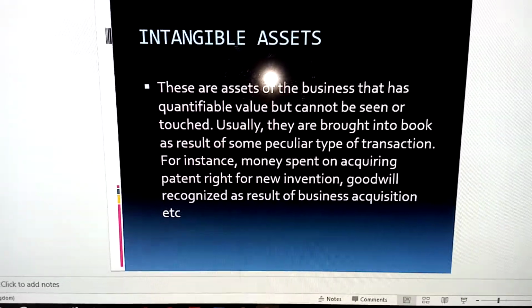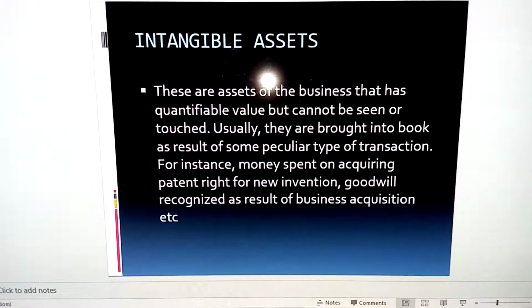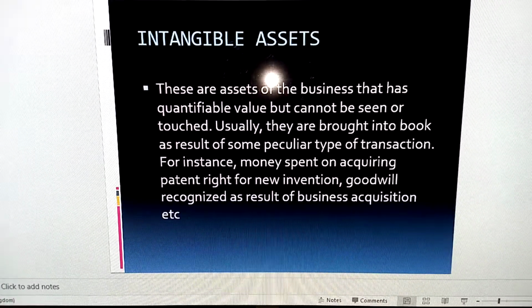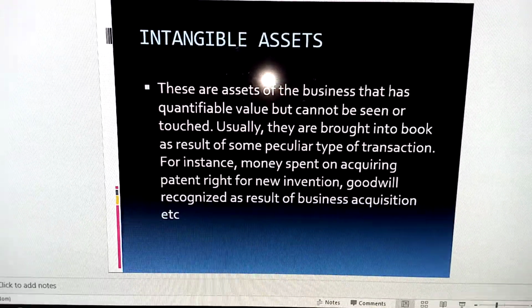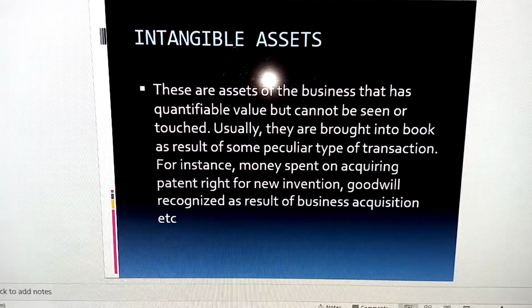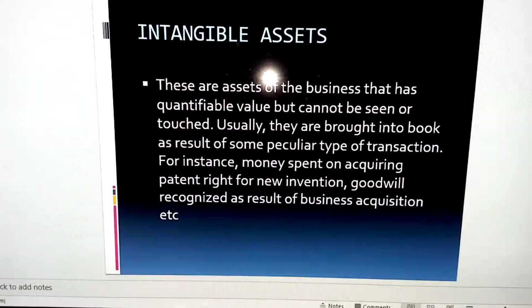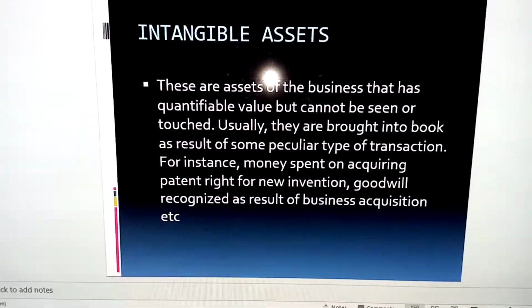Usually, this goodwill is recognized during business acquisitions, and then such value is recognized as an asset, but it is intangible.